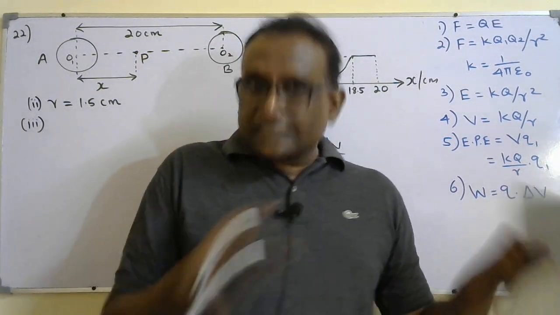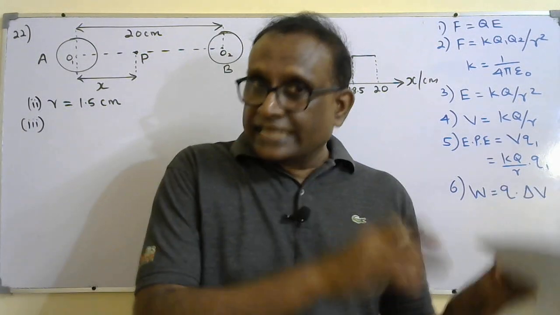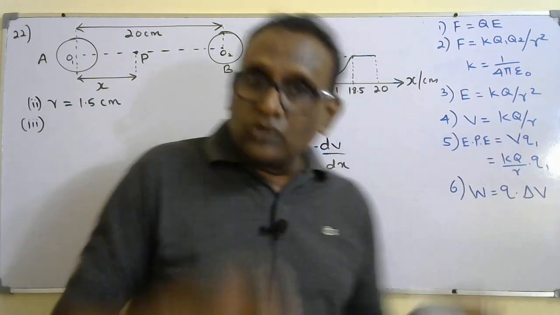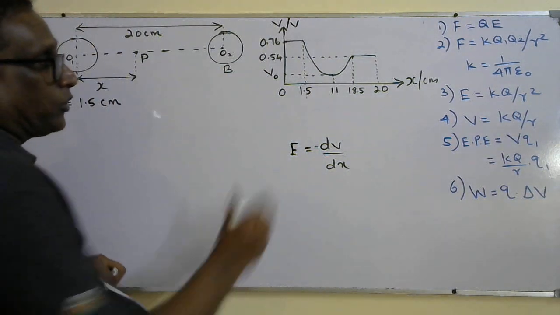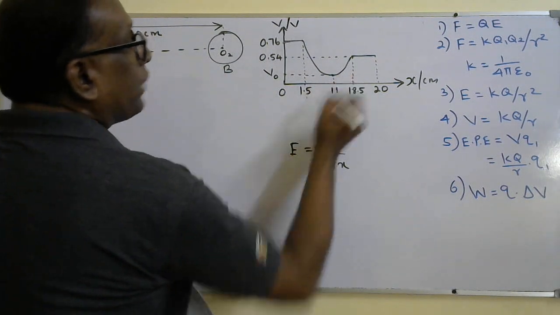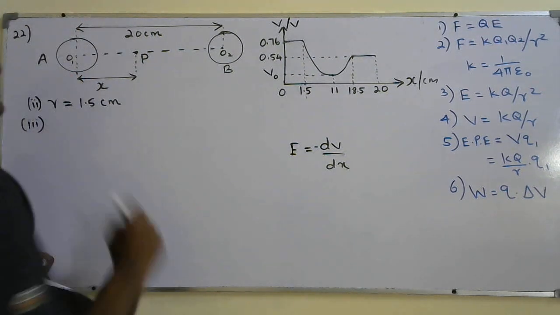Inside the metal sphere the gradient is 0, but we don't call that a null point. Outside the metal sphere, the null point is at this point, 11 centimeter from the center O1.